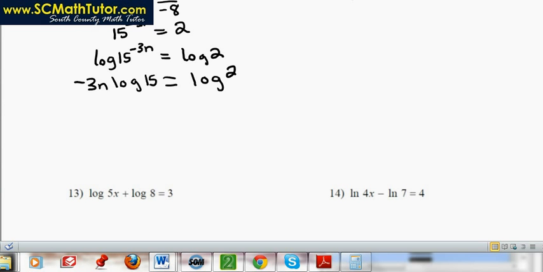Log of 15 is a number you can plug into your calculator. Right now our goal is to get n by itself, so let's get rid of log of 15. It's being multiplied to 3n, so you divide both sides by log of 15.